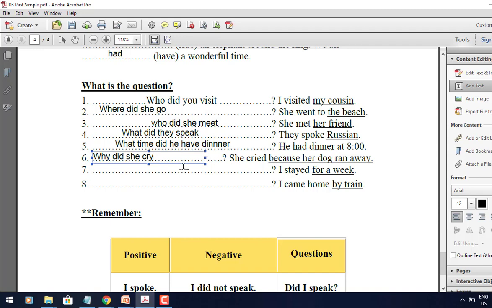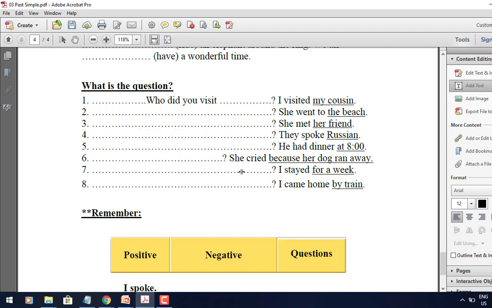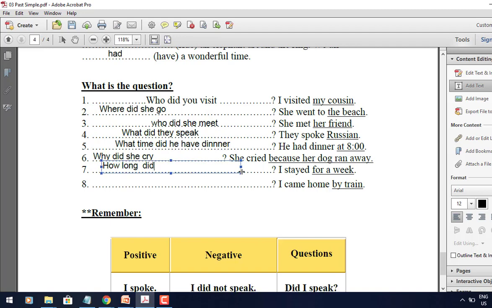I stayed for a week. For a week is a period of time. So if I want to ask about the period of time using a WH question, how long? Followed by did, the subject I changed to you, and the verb in the base form. How long did you stay?